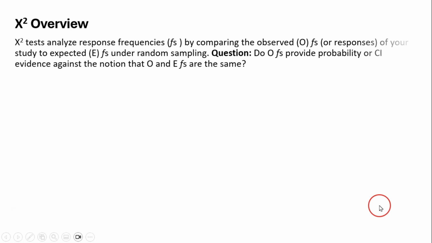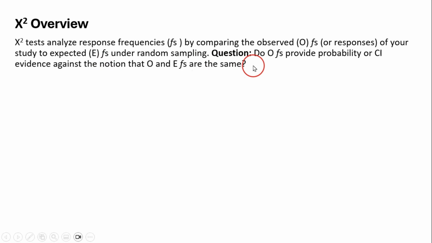Let's do a chi-square overview now. Chi-square tests analyze response frequencies, abbreviated Fs, by comparing the observed (O) frequencies or responses of your study to expected (E) frequencies under random sampling.